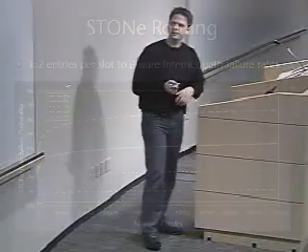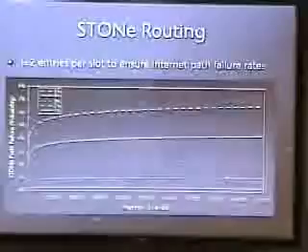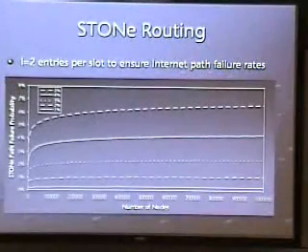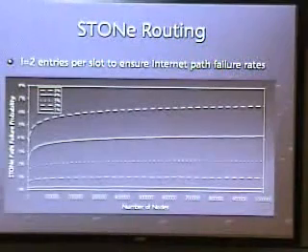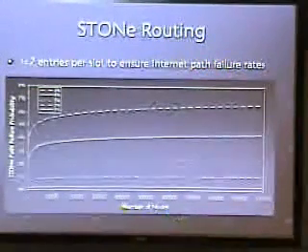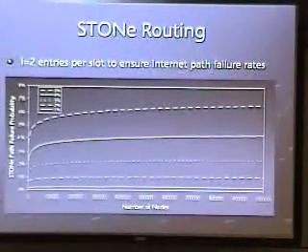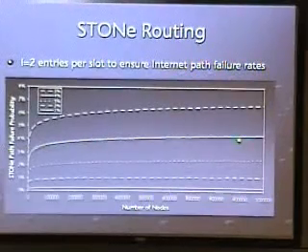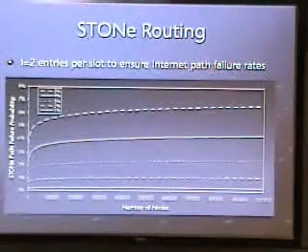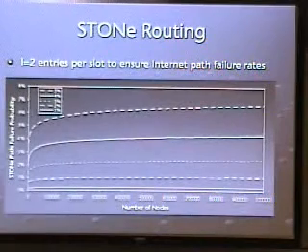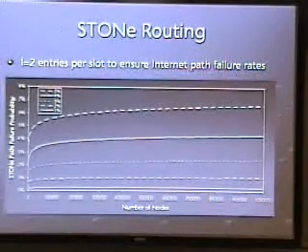Actually, given the probabilities in the internet, we can assume that there's an availability between 95 and 100%. So even if we increase the number of nodes in Stone significantly, with two choices we still get an almost equivalent path correctness probability.